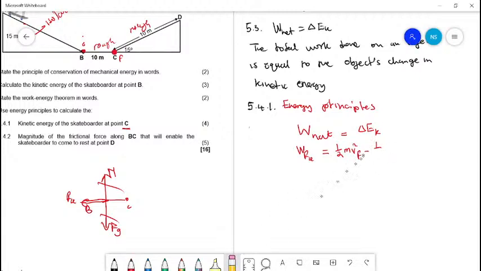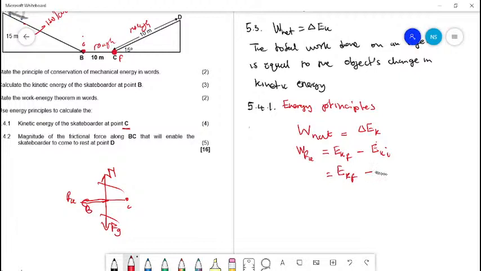So let me write it like this. Because remember, we don't have to forget what we're calculating. We're calculating the kinetic energy. So I'm just going to write Ek final minus Ek initial. We don't have to forget that. And this Ek final is the term that we're calculating for.